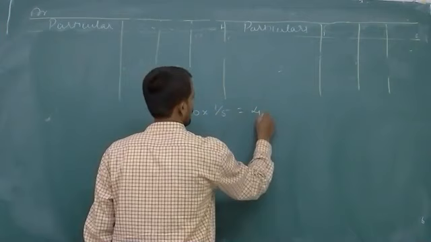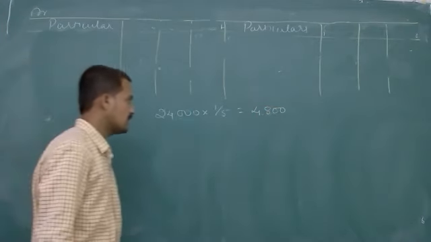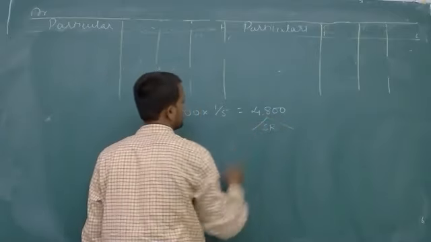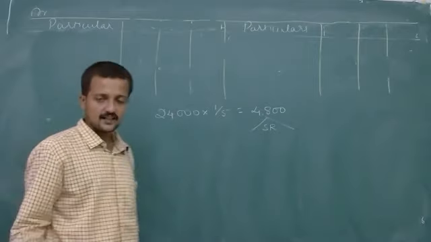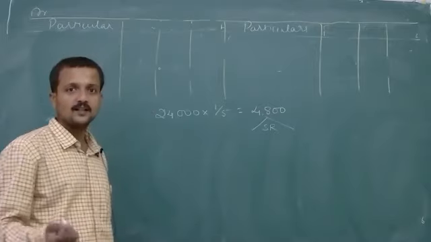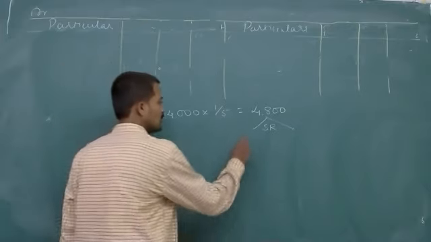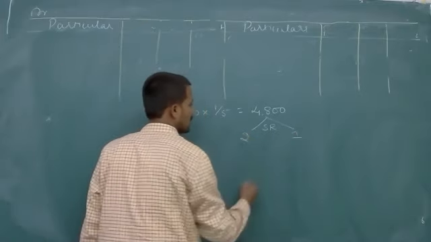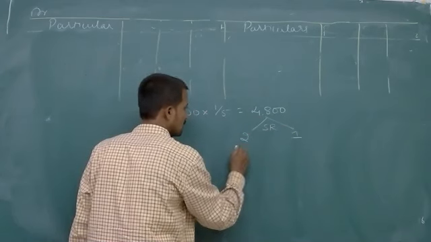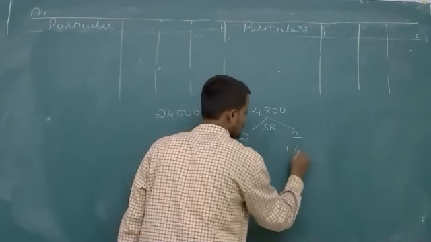That comes to 4,800, and this 4,800 should be divided in their sacrifice ratio. In the problem, the sacrifice ratio is not mentioned, nor is any information given to calculate it. So we consider the old ratio as the sacrifice ratio, which is 2:1. If I divide, I will get 3,200 and 1,600.